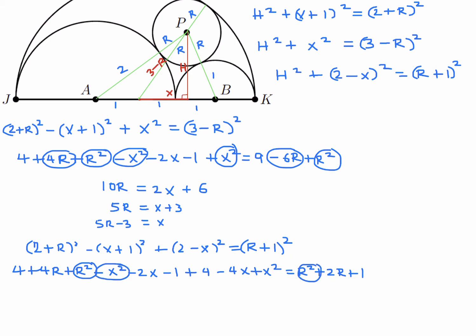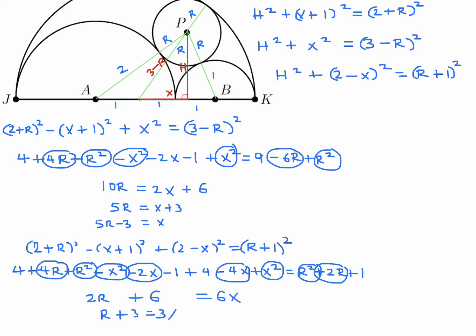X squared minus cancels with x squared positive. 4r and 2r, so that means this is going to be just 2r, minus 2x minus 6x, so that'll be 6x on that side. And then the numbers, 8 minus 1, 7, and then minus 1, so I got a 6 plus 6. Okay, divide through by 2, r plus 3 is equal to 3x.